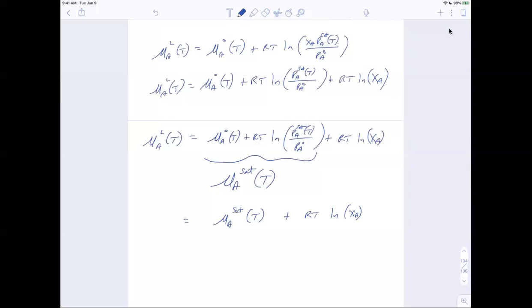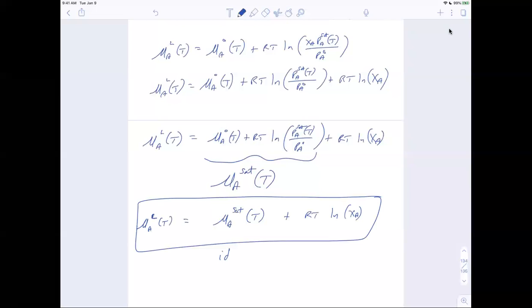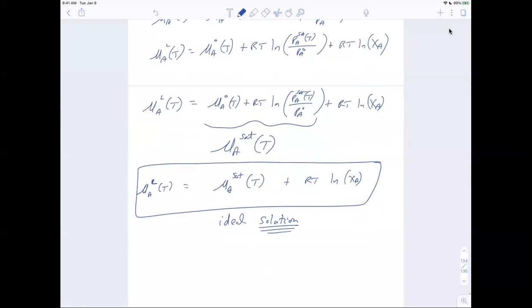And that represents now the contribution to the chemical potential of A because of being in the liquid. And so for an ideal solution, where we say solution is a liquid, okay, this is the chemical potential of species A in an ideal solution.